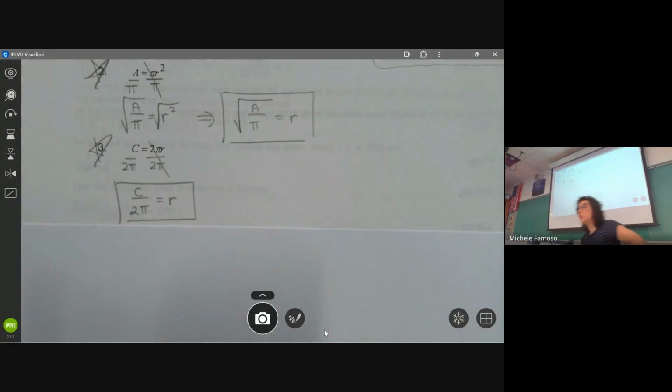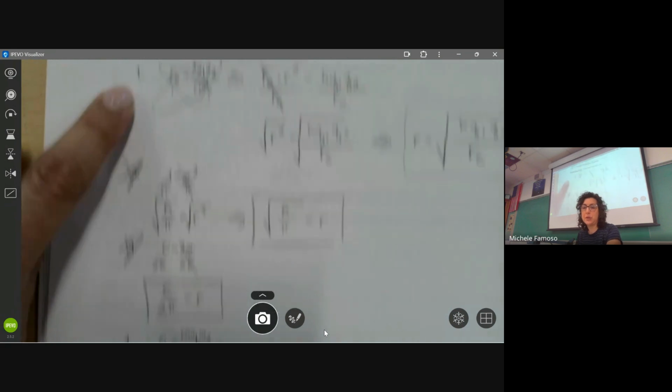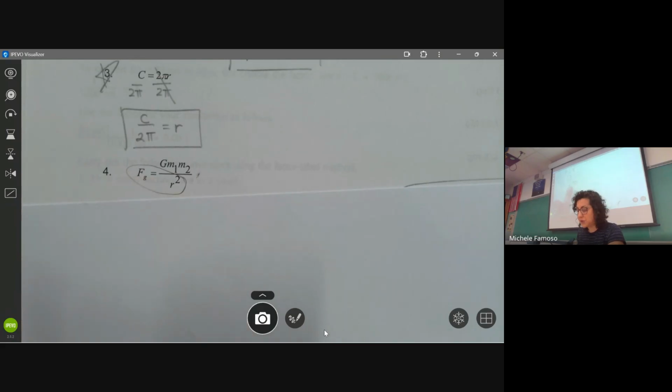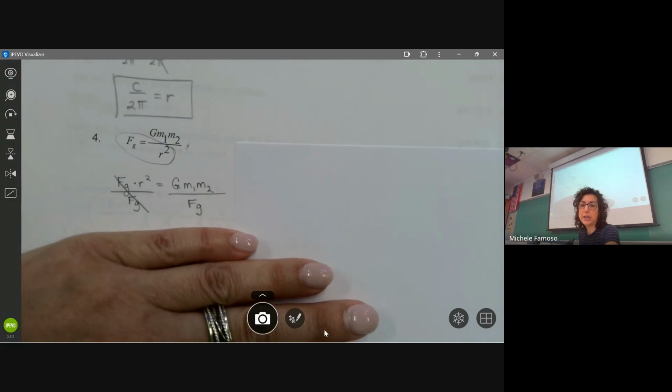If you have questions as I'm going over it, let me know. Okay. Number 4, this is very similar to the first equation, except the letters are different, but it's set up the same way. So the first thing you have to do is the cross multiplication, giving us FG times R squared is capital G M1 M2.